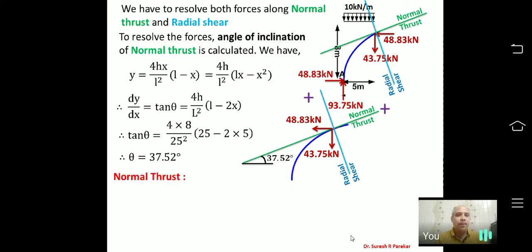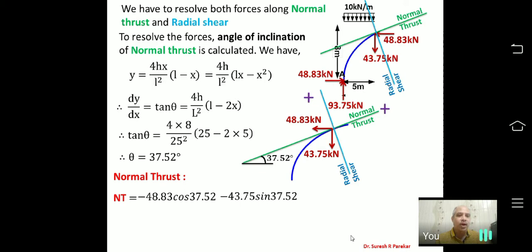Now you show this value for normal thrust. Now you take components. If you go for components, you can see 48.83 gives a negative component for normal thrust, and 43.75 also gives a negative component for normal thrust. So we have to add these and we will get normal thrust with a minus sign, and we have minus 48.83 cos because the angle is with normal thrust.